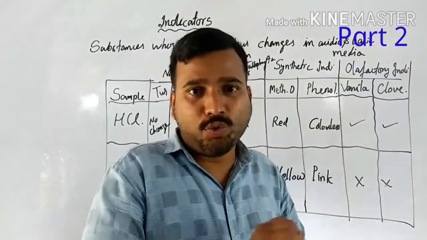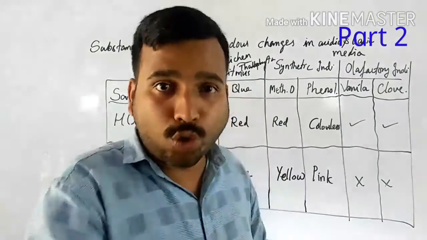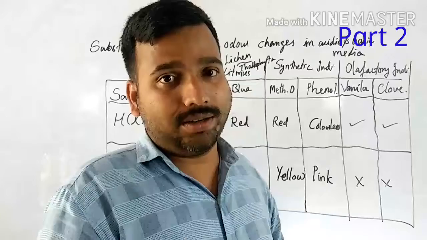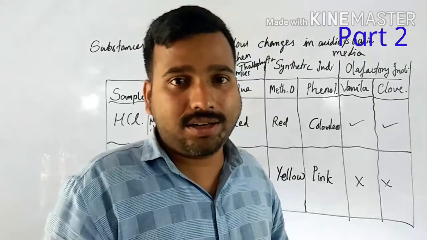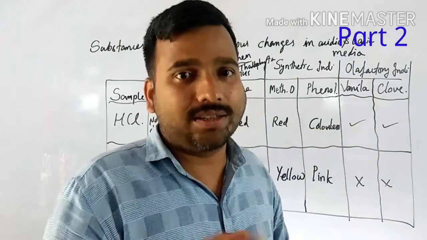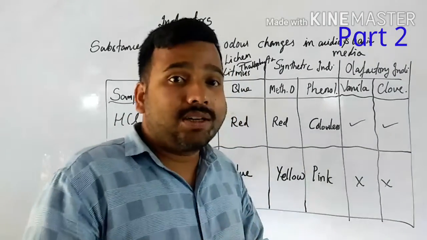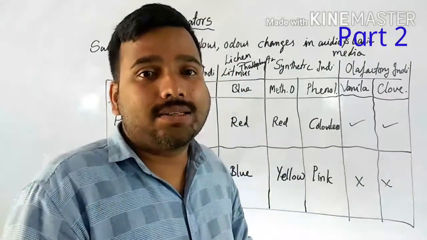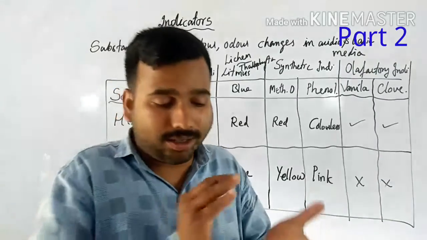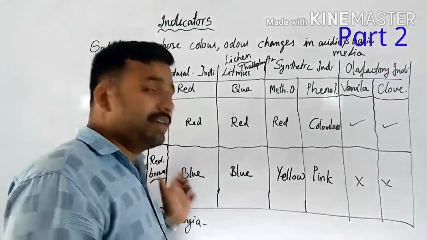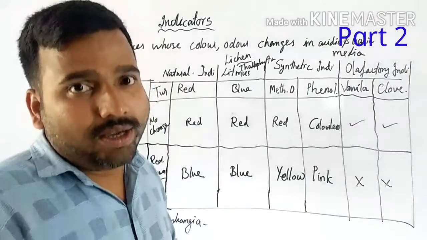So when you wash, what will happen? You are applying soap. In the previous video, we already discussed that soap is what type of substance? Acidic or basic? Yes, a basic substance. Once soap comes in contact with this yellow color stain, the yellow stain will turn to a reddish brown color.